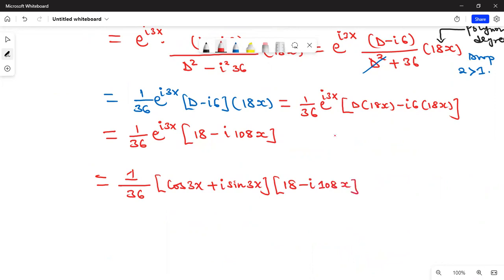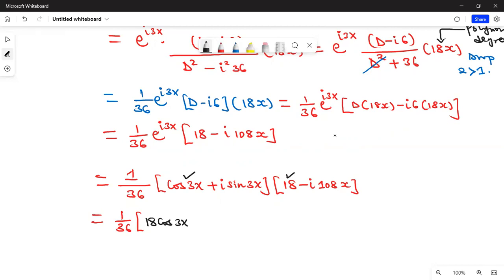So if I group it into real and imaginary parts, this is the same as 1 over 36. Let's start with the real parts. I'm opening the bracket. Cos 3x times 18, that is 18 cos 3x.